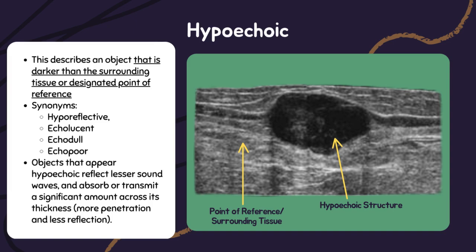Objects that appear hypoechoic reflect lesser sound waves and absorb or transmit a significant amount across the thickness of the material. So we have more penetration and less reflection.